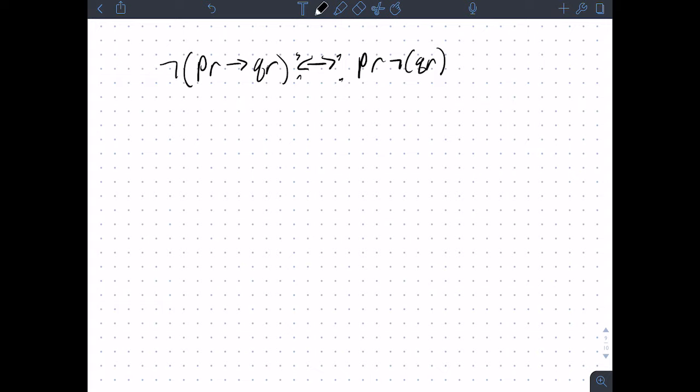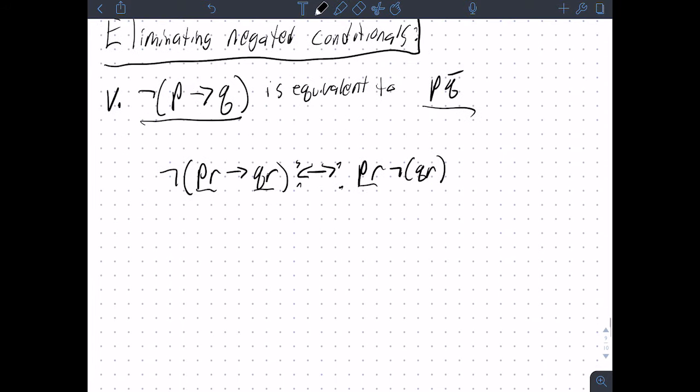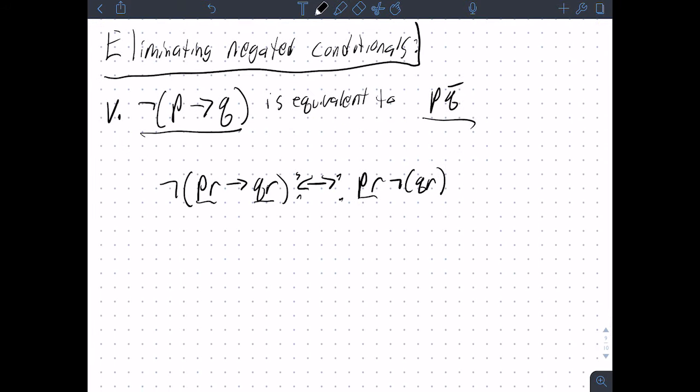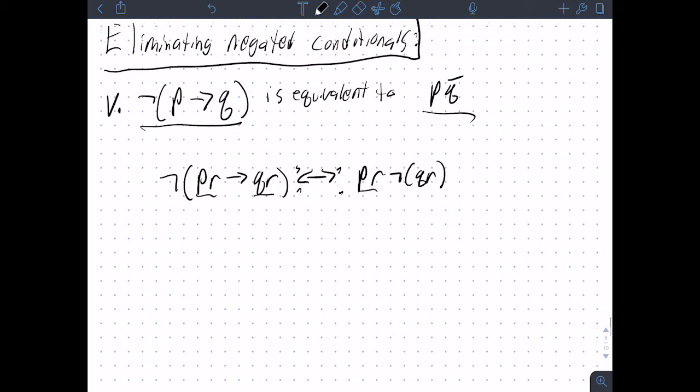Because the conjunction P and R is the antecedent, and the conjunction Q and R is the consequent. And remember, we replace a negated conditional with a conjunction of the antecedent and the negation of the consequent, like so.